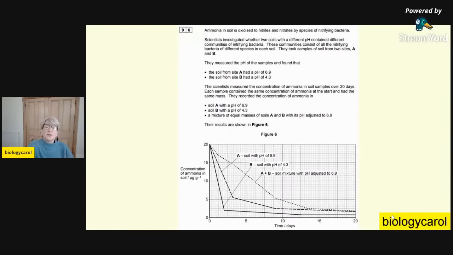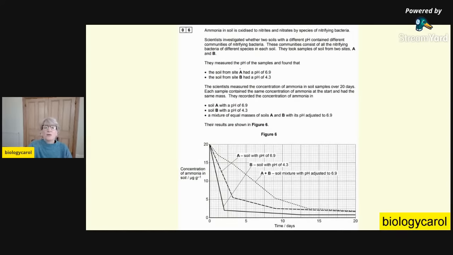Okay, so question 6. Ammonia in the soil is oxidized to nitrites and nitrates by species of nitrifying bacteria. Theoretically, you should know that. And then we've got these two soils which contain different communities of nitrifying bacteria.